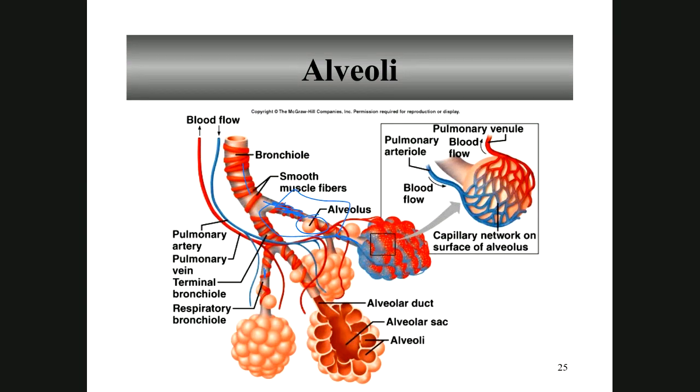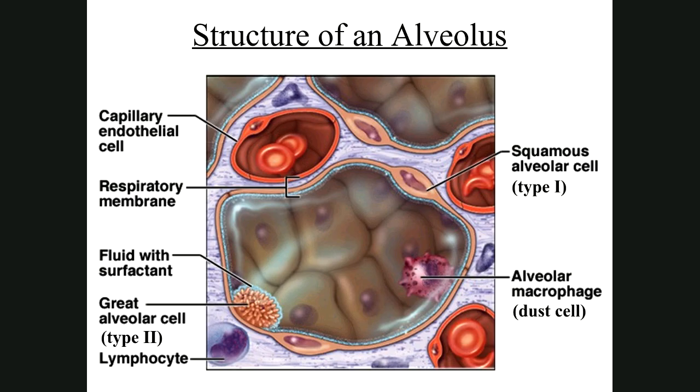Here's your terminal, here's your respiratory. Oh, here's a good respiratory bronchiole. And then of course you have your alveolar duct, which also has gas exchange occurring as well. And here's the alveolus. The cell that is involved in gas exchange is this right here.